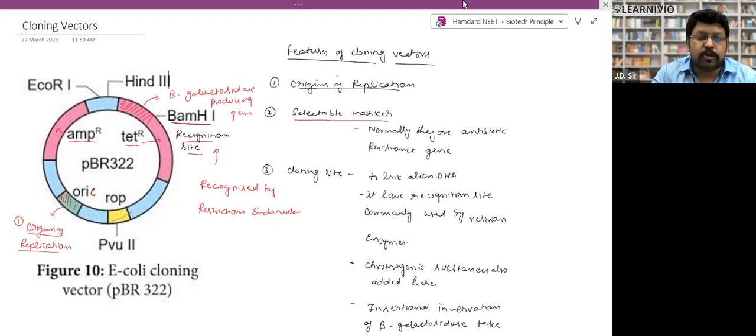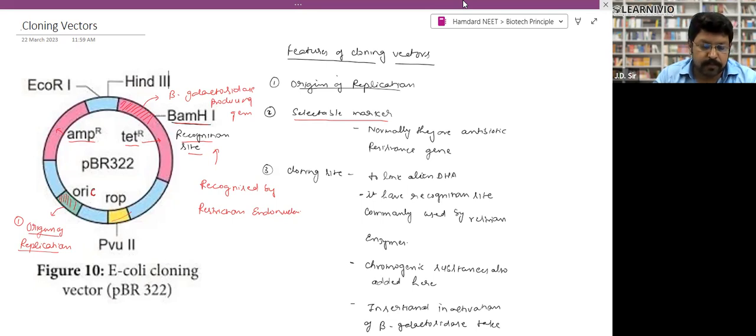Is semi-autonomous for replication, because the enzymes which take part in their replication are coded by nuclear DNA.